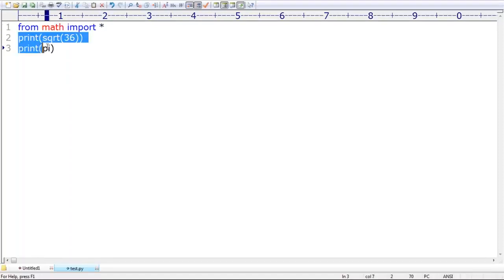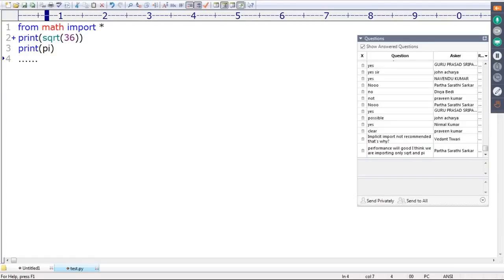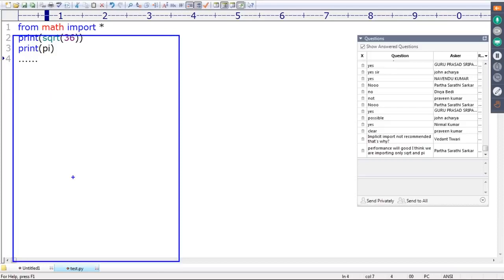Sir, here there are only 2 or 3 lines. But if there are 10,000 lines, a big program, then if I use square root, just by seeing this import from the math module, we don't know which members we are using.